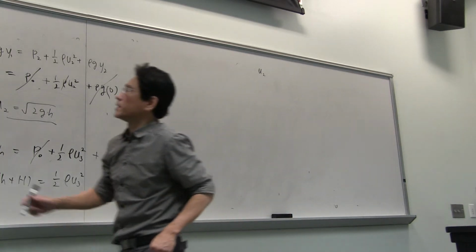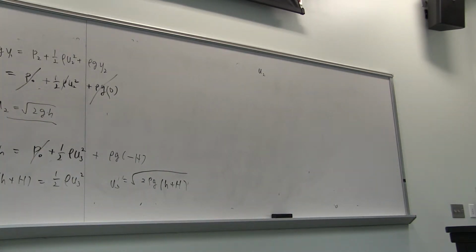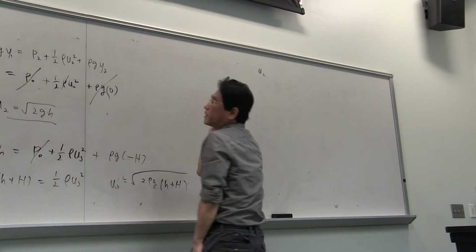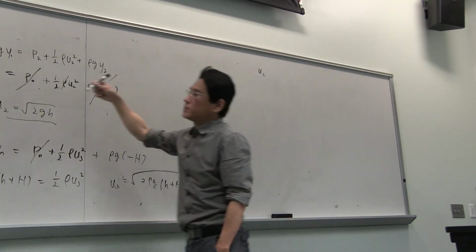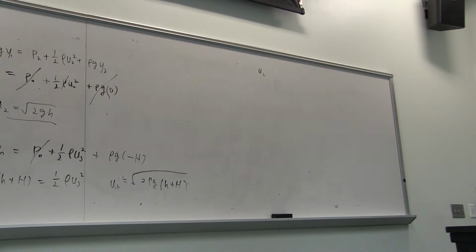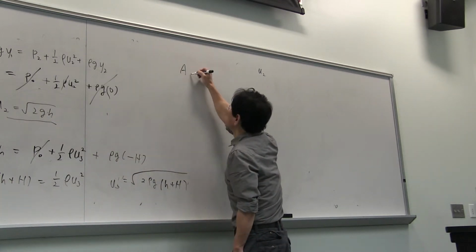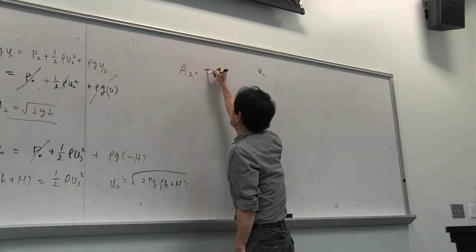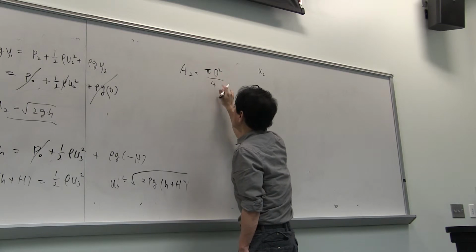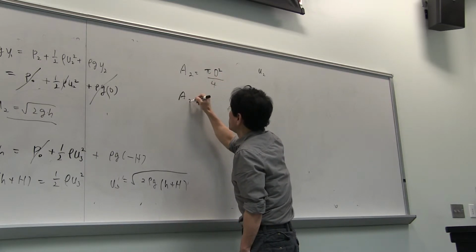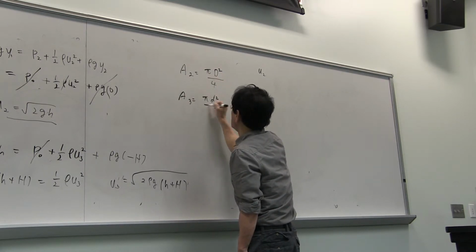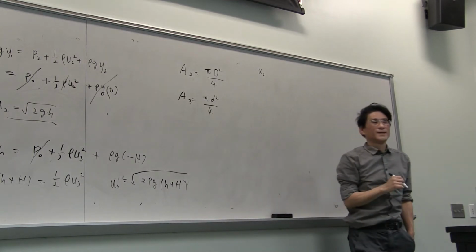Yes, that is D there, so D and small d. If you think about continuity, U2 times A2, where you calculate area with diameter as pi times diameter over 2 squared. A3 must be pi D squared over 4.